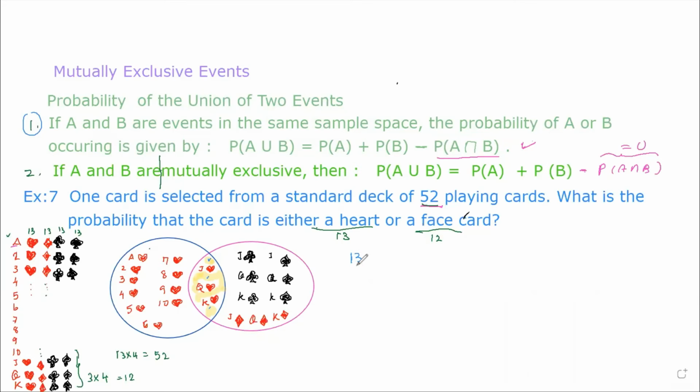Heart we have 13 out of, don't forget, the formula of probability is what? P of whatever we get, right? You have to get the NE over the total, TE. This is for the probability of an event.